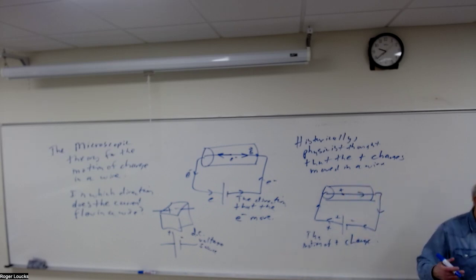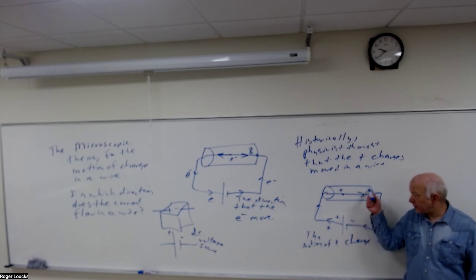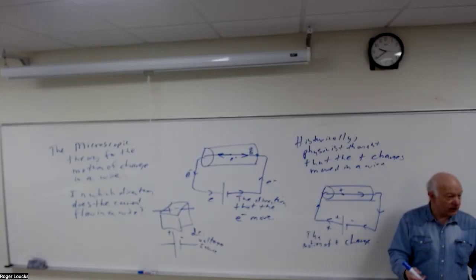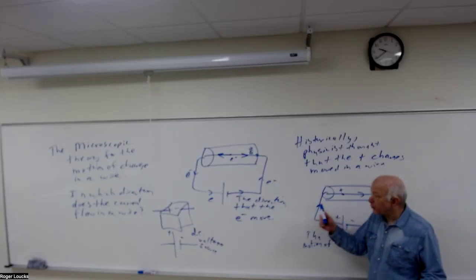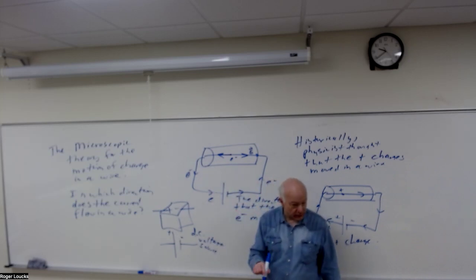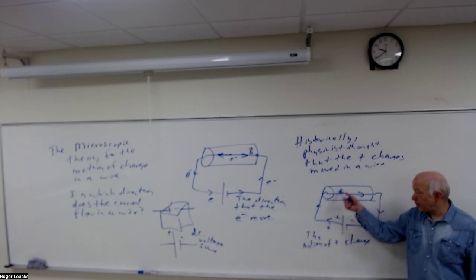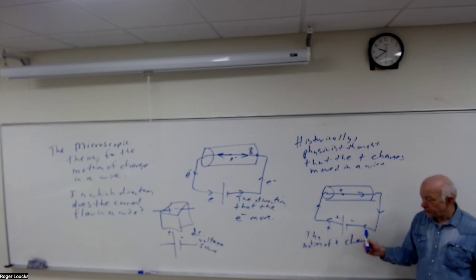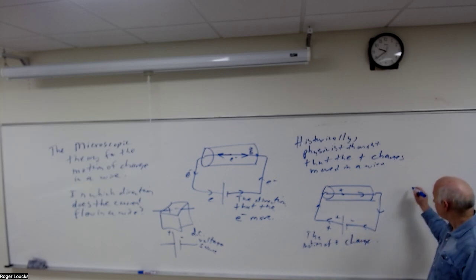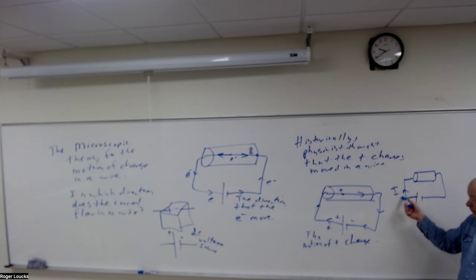Okay, now here's just where it gets weird. Since historically people thought this is what happened, the current would be going this way. That is basically the definition of current, even though the real current is going to go like this, that's how the electron's moving. When you draw one of these circuits and indicate the direction of the current, you always, always, always have the current as if it were positive going this way. So when you draw the current here, I call this I. You assume that the current is positive, even though it is not.